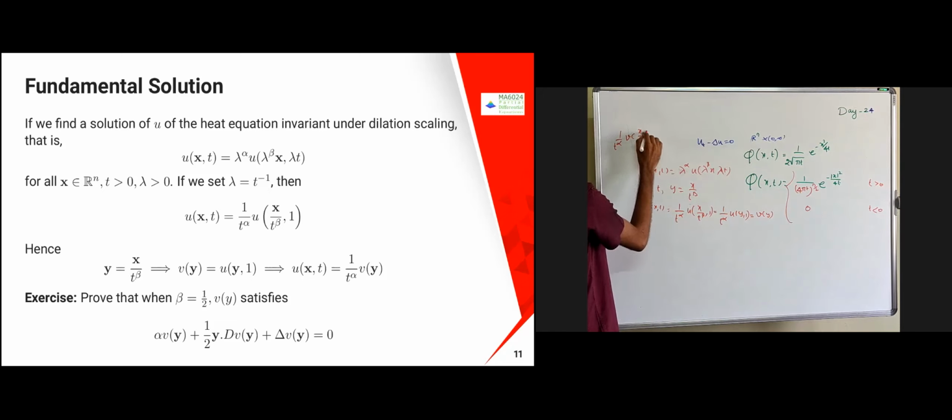So if I substitute over here, u of y comma 1 is going to become v of y.